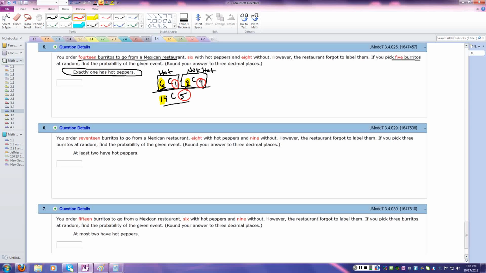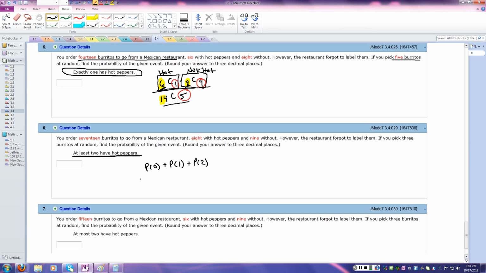So this is one example, but another example is at least 2 have hot peppers. You could find the probability that 0 have hot peppers plus the probability that 1 has hot peppers plus the probability that 2 have hot peppers.